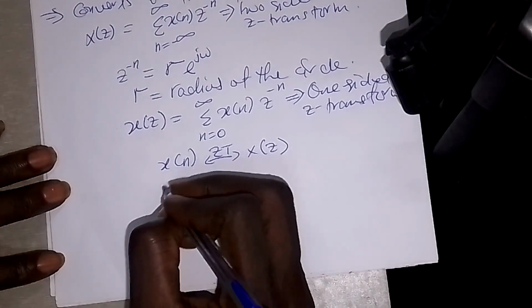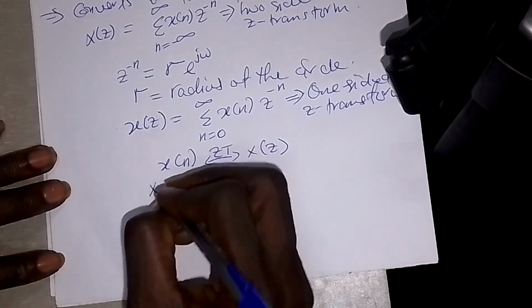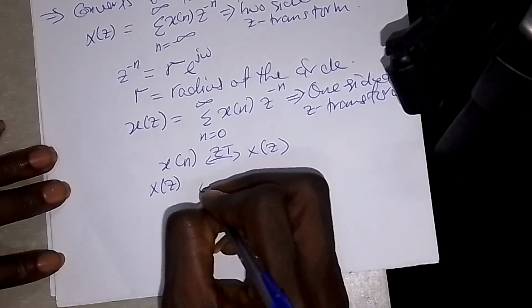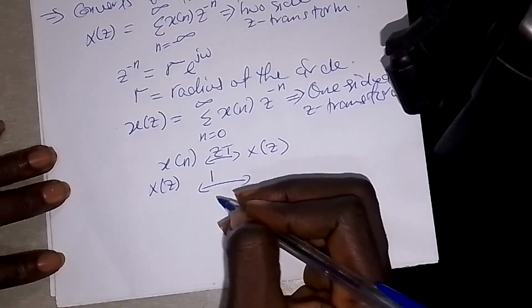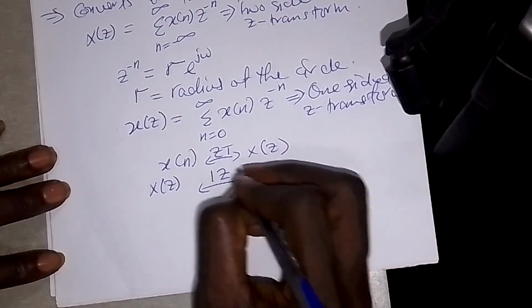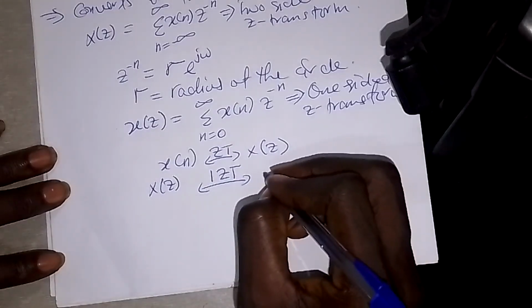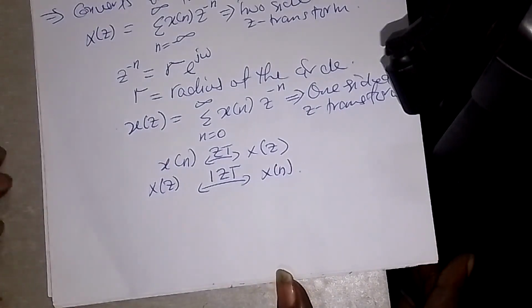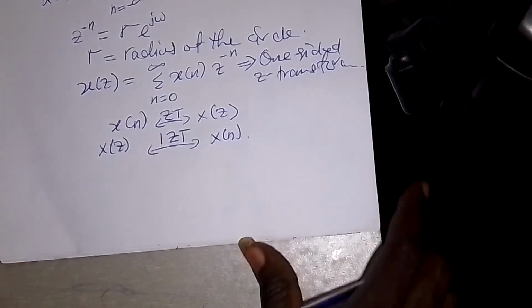In that case we use the inverse Z transform, which converts X of z to x of n.